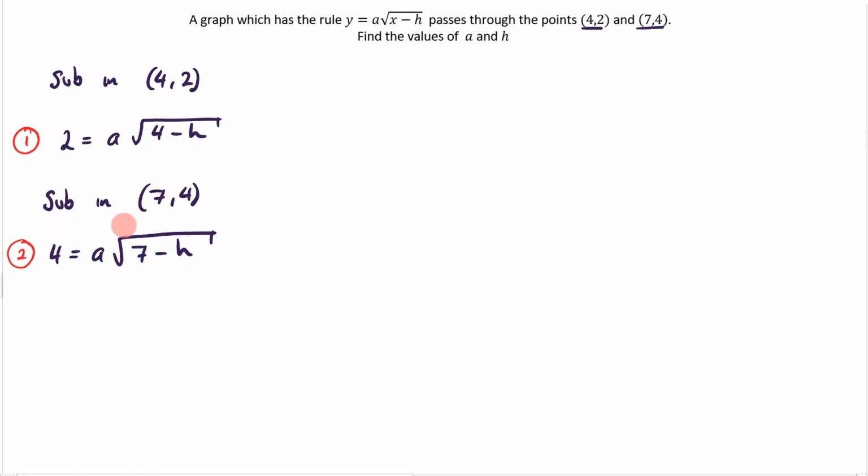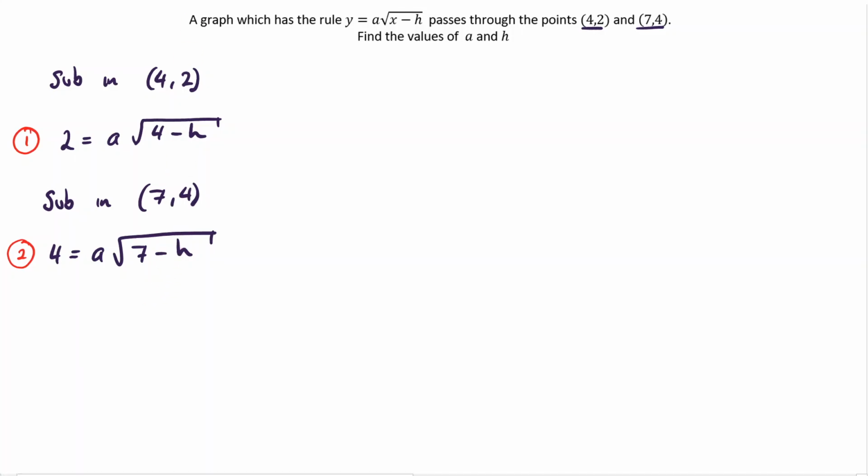We've done this before, solving simultaneous equations. In this example, think about it for a second. Remember, what I want to do is get rid of one of these pronumerals, and that way I can just have one that I can solve for. So how can I get rid of one of these pronumerals?